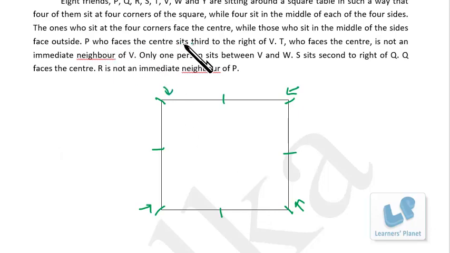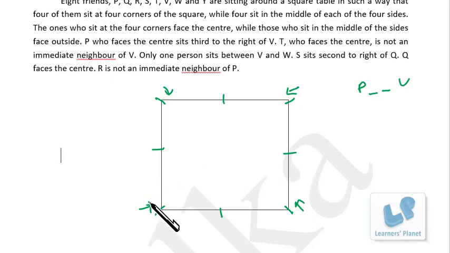P who faces the center sits third to the right of V. So that means P and V, 1, 2 and 3. That means one of them is at the corner and the other is in the middle of the side.